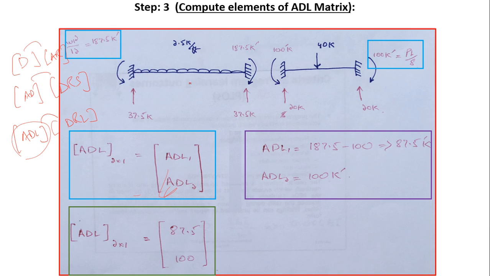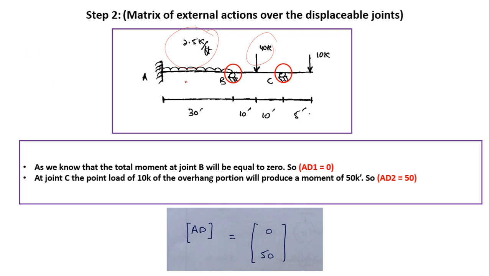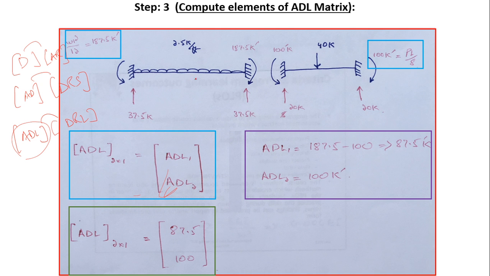This is 2 kip per foot, and the span of this one is 30 and this span is 20. Okay, this is the 30 span. So 2 into 30 gives us 60, and 2.5 into 30 gives us 75. And this is half. And the magnitude of this moment, you should know that this fixed end moment is WL square by 12.